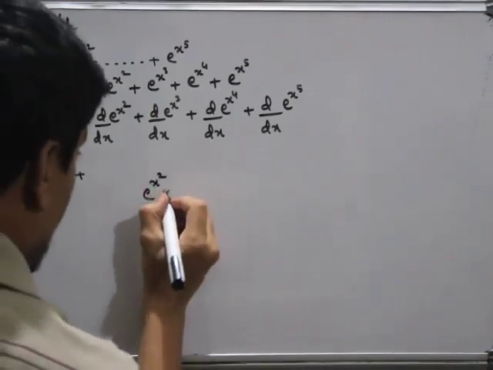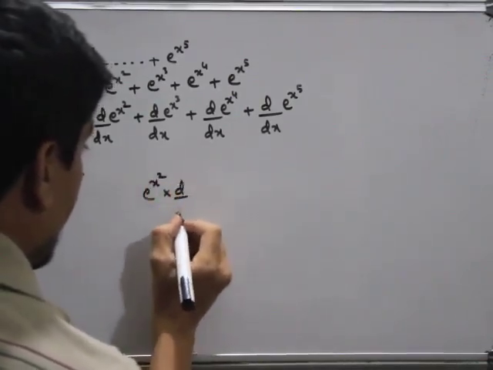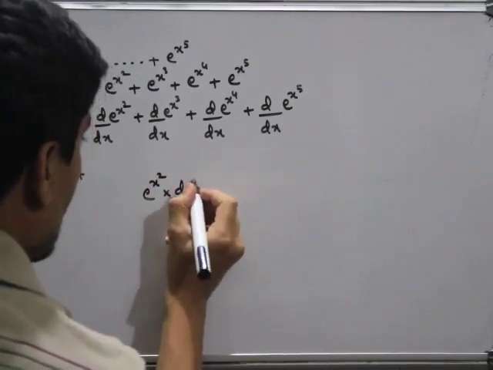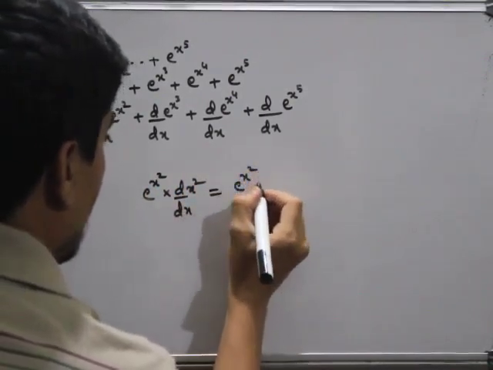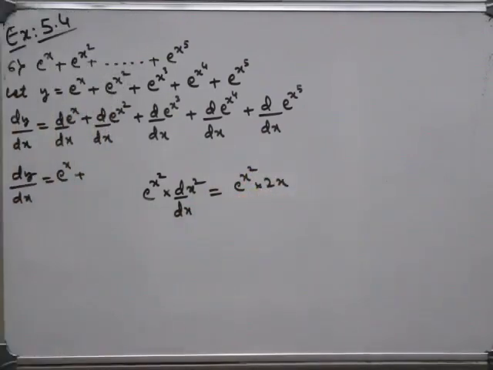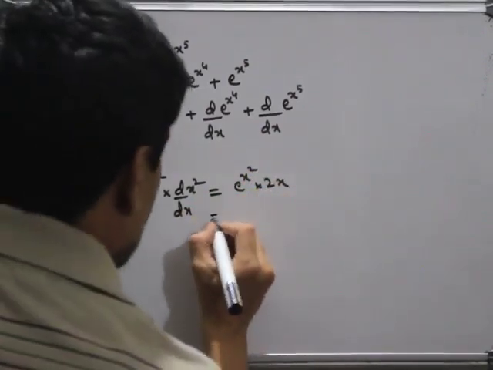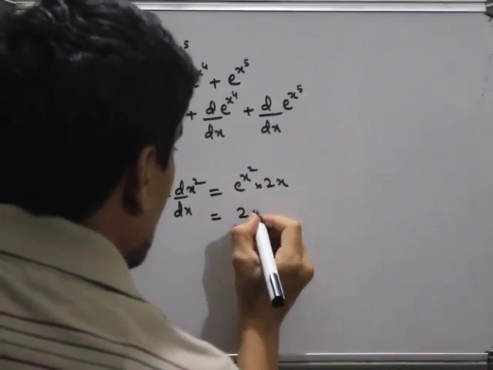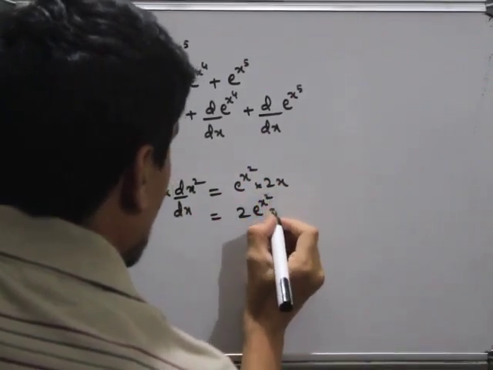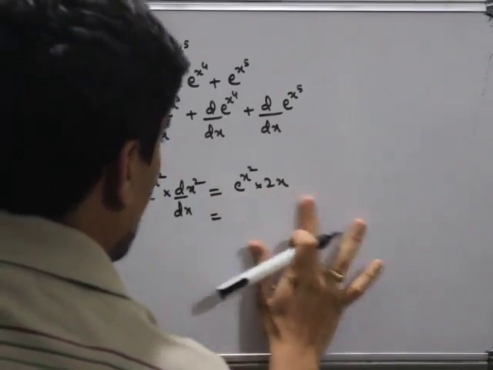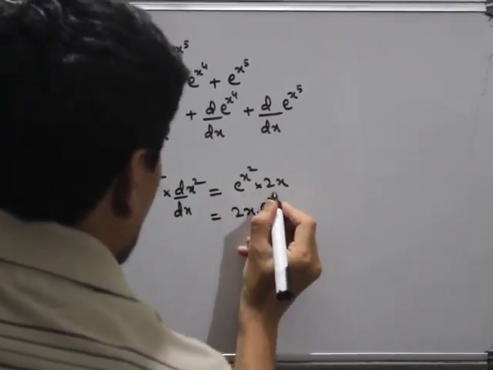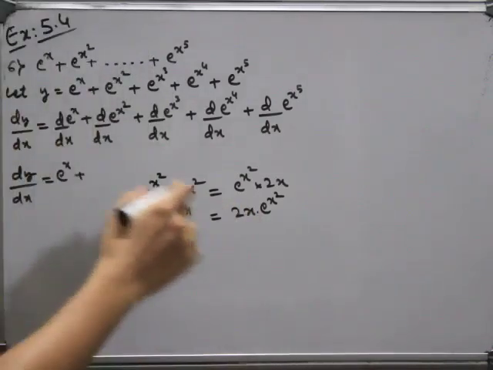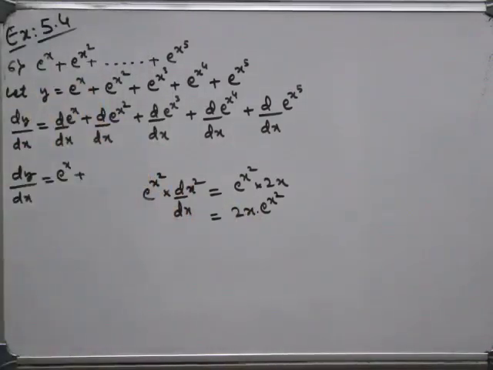E power x square into differentiation of x square, which is equal to e power x square into 2x, or we can write it like this: 2 e power x square into x, or 2x into e power x square. 2x into e power x square is the differentiation of e power x square.